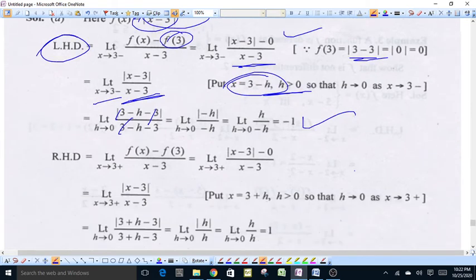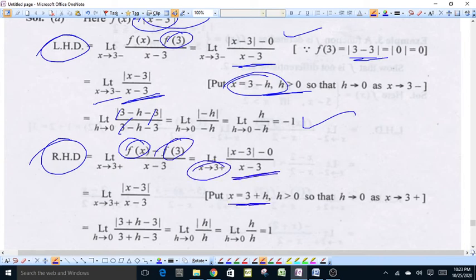Similarly, the right hand derivative is equal to the limit as x goes to 3 from the right of (f(x) − f(3))/(x − 3). By putting the value of f(x) and f(3), we get (|x − 3| − 0)/(x − 3). For the right limit, we put x = 3 + h, where h is a very small positive number, and as x goes to 3 from the right, h goes to 0.